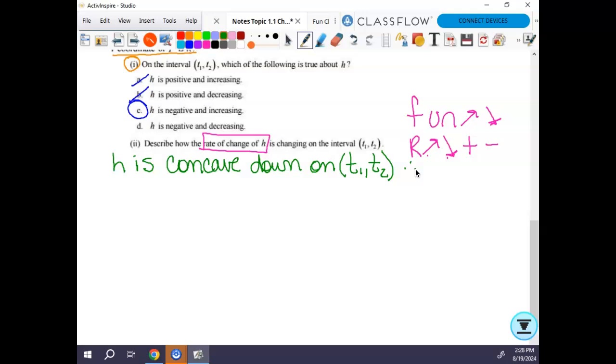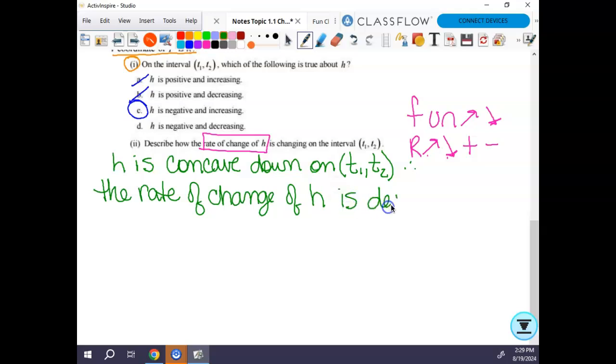Therefore, h is concave down on t1 to t2, therefore, the rate of change of h is decreasing on t1 to t2. So basically, I just wrote it kind of in a reverse way.